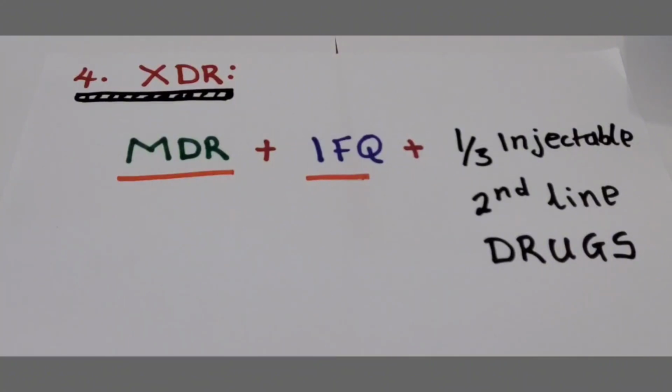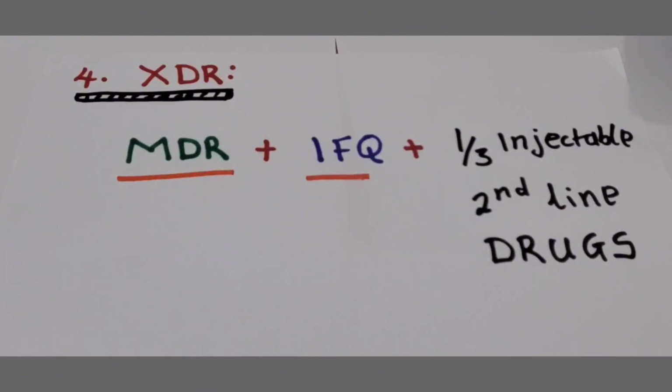Of course, fluoroquinolones, we know these drugs end with floxacin. So we have, for example, levofloxacin, and one of the three injectable second-line antitubercular drugs. We know the injectable second-line antitubercular drugs end with mycin, and we have capreomycin, kanamycin, and amikacin.